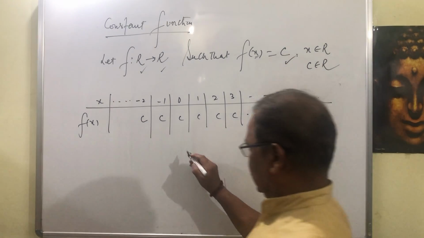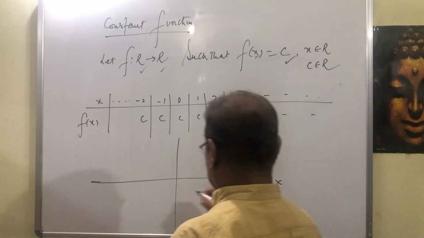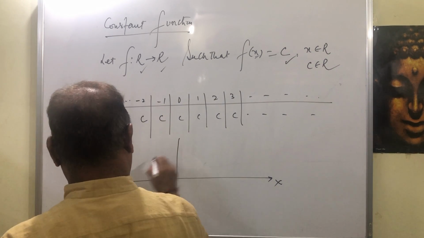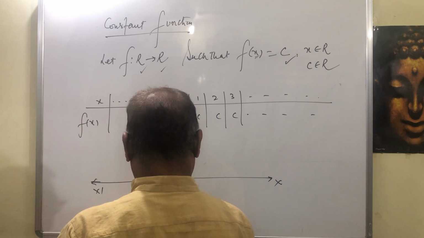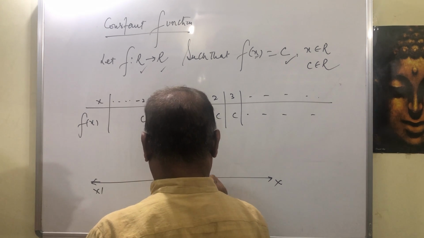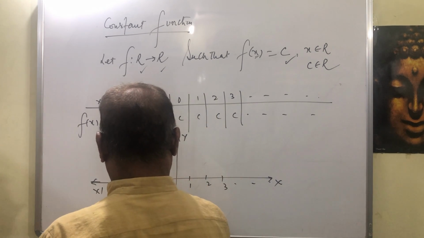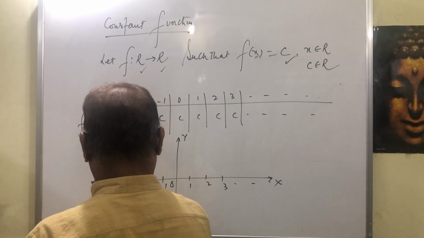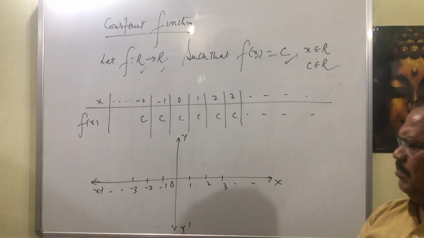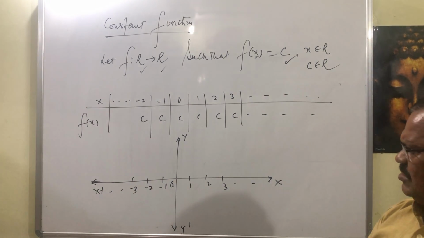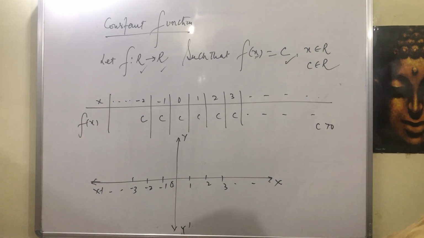Let us see it in the graph. In the graph, this is the x-axis, negative x, positive y and negative y. Let us take the points 1, 2, 3, and so on, and -1, -2, -3, and so on. Now regarding c, I am not taking positive or negative. Suppose c is positive, greater than 0.